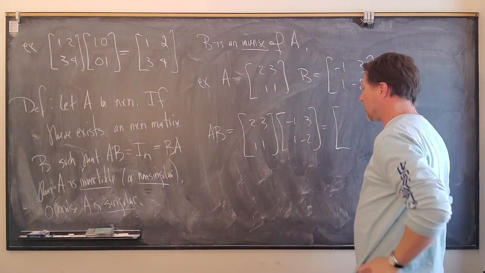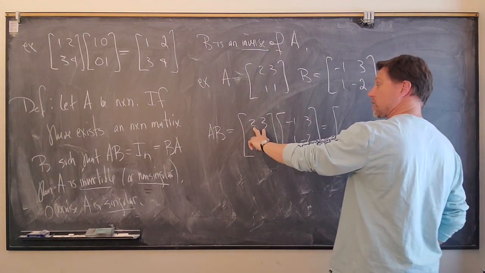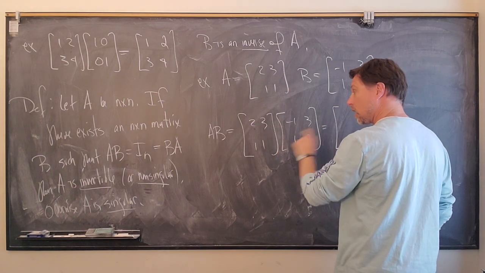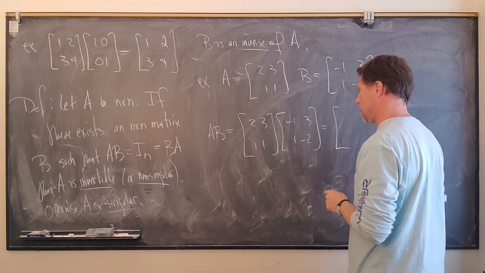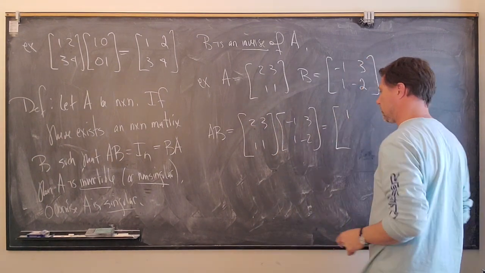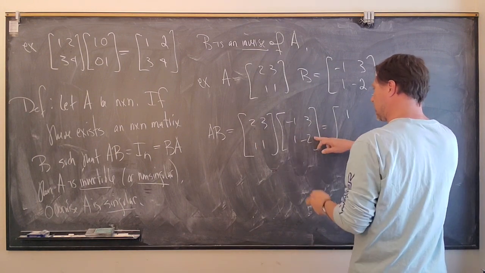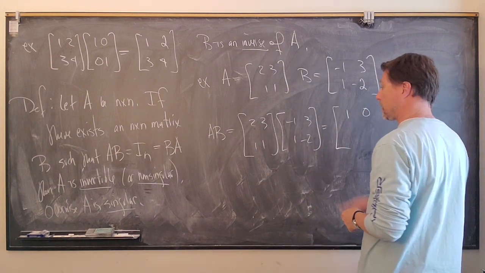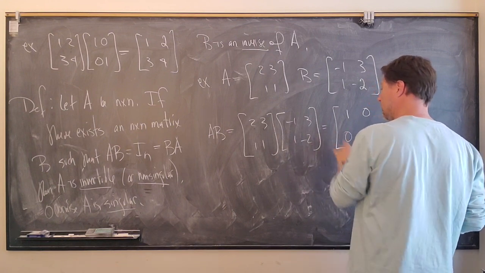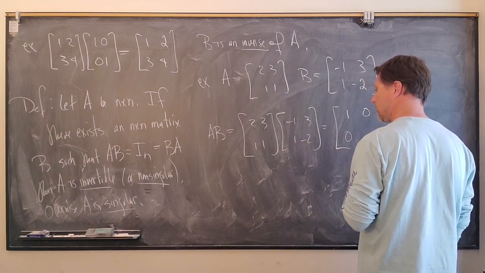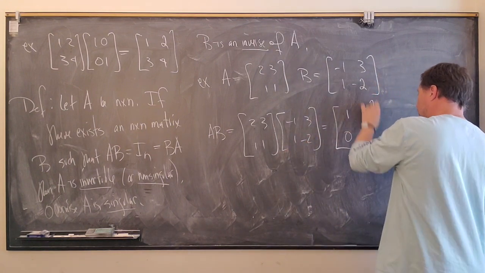First, top row dotted with first column gives me a +1. Then 6 minus 6, that's 0. Then -1 plus 1, that's a 0. Then 3 minus 2, that's a 1.